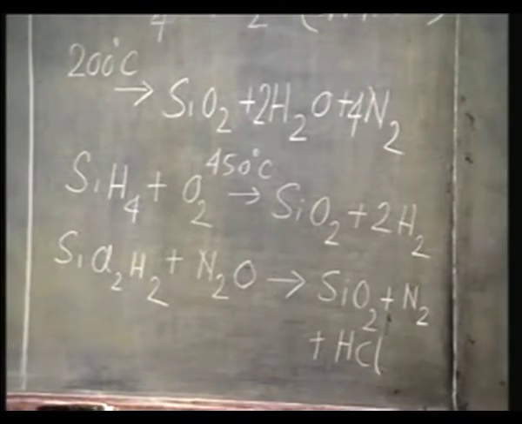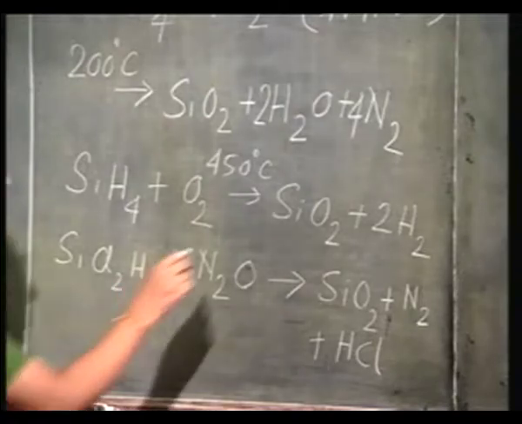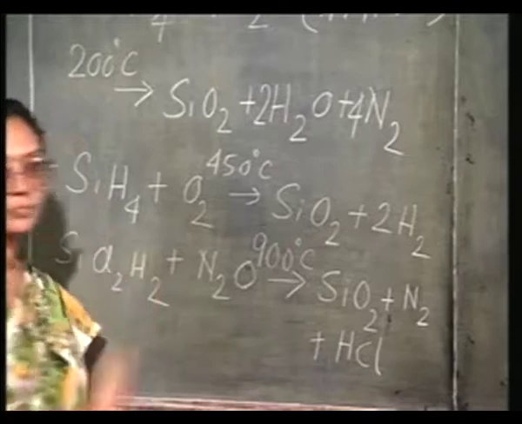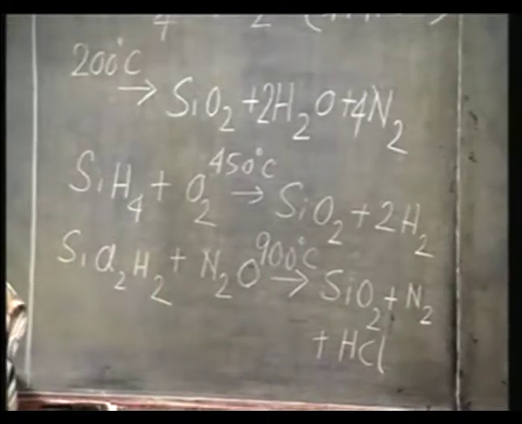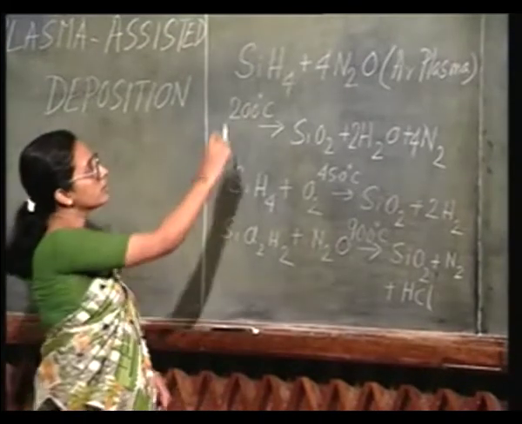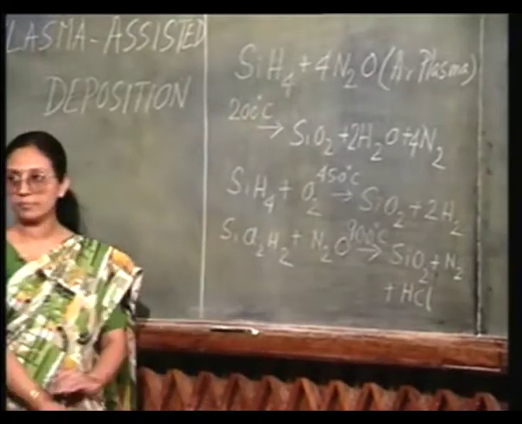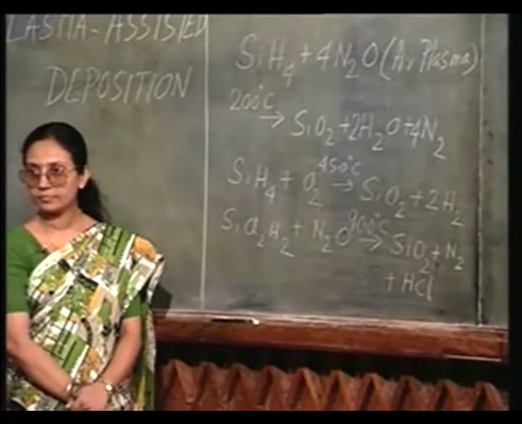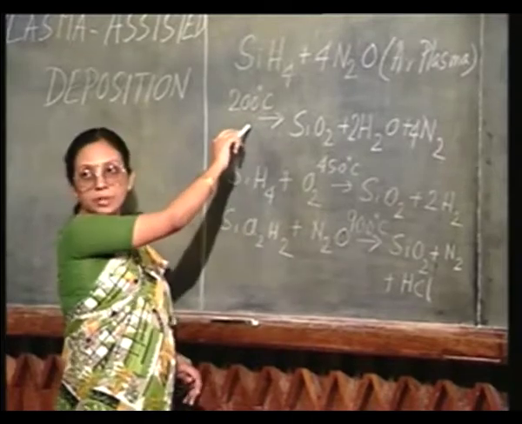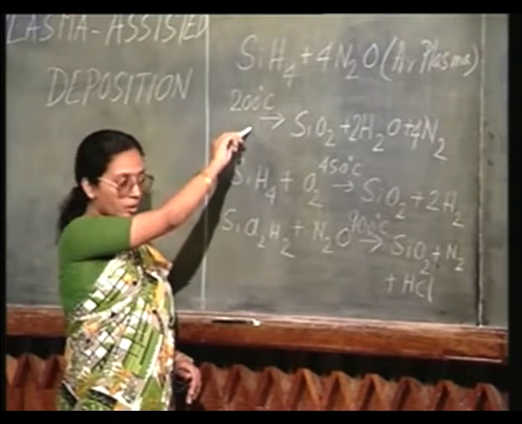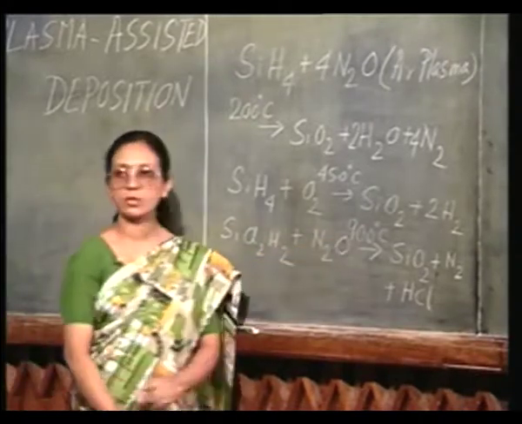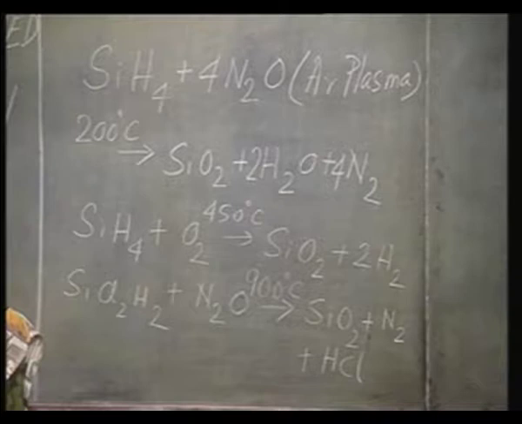But the temperature of this reaction will be even higher (900 degrees centigrade). See, look at these two reactions, they are very similar reactions. In one case, I have plasma, temperature is 200 degrees centigrade. In the other case, I do not have a plasma, the temperature has gone up to 900 degrees centigrade.